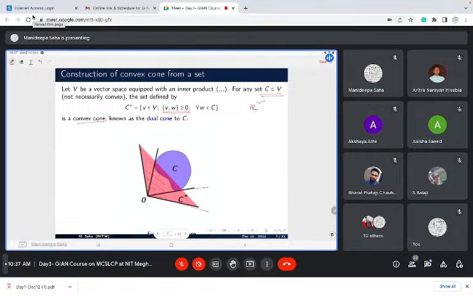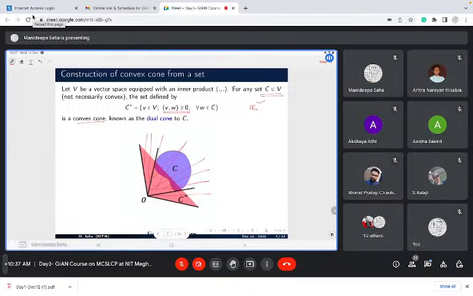If I take the other line, the maximum one, then the points inside will be lying here. So basically this is the cone. You can easily see that it will be the entire cone, infinite, of course. So this is the cone C star, the dual cone of C. This dual cone always helps us: if we are given any set that doesn't have any structure, we can always form a cone.